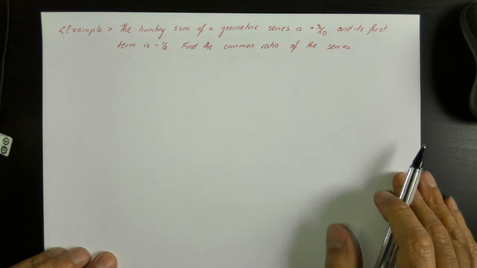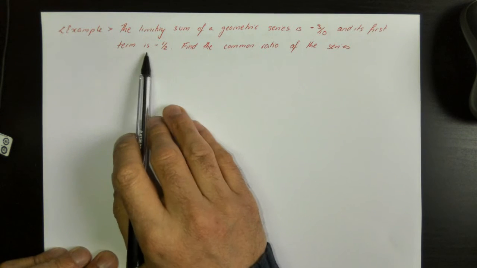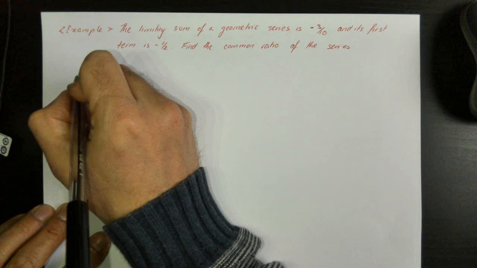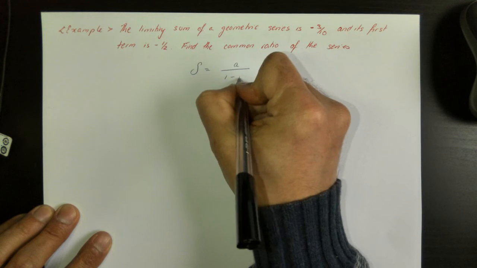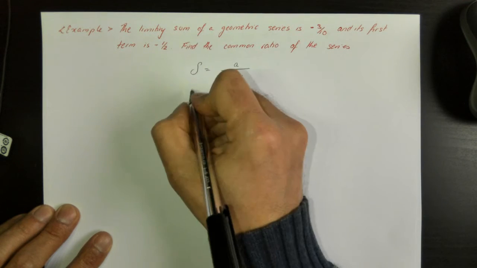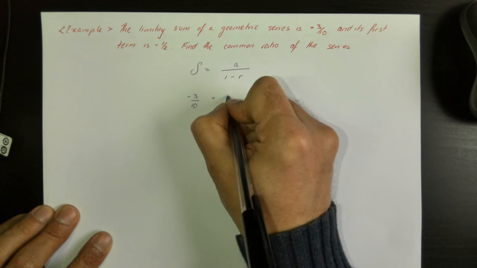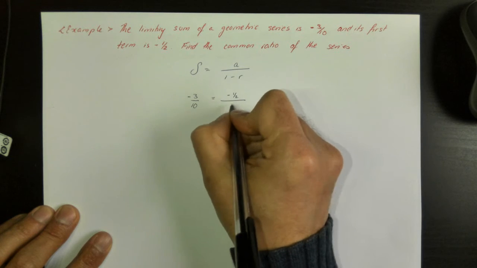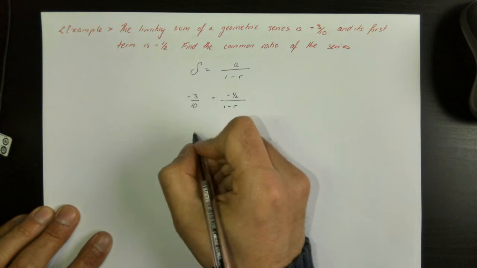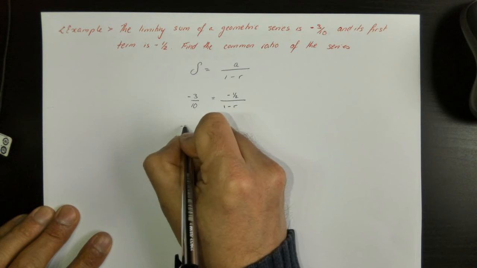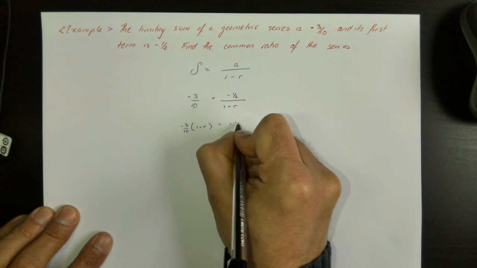The limiting sum of a geometric series is negative 3/10, and its first term is negative a half. So we want to find the common ratio. So we know that, still using this formula, this limiting sum is negative 3 on 10, the first term is negative a half. So if I was to multiply, I'll do it step by step, multiply that across, I would get that.